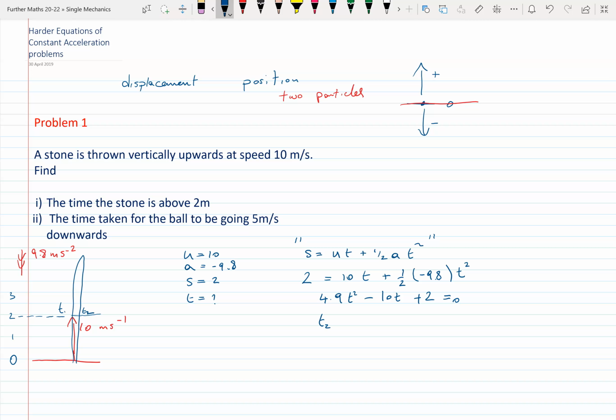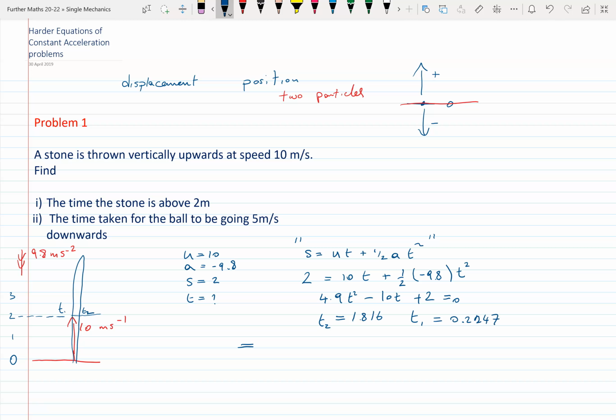And we've got these two values: T2 equals 1.816 and T1 equals 0.2247.